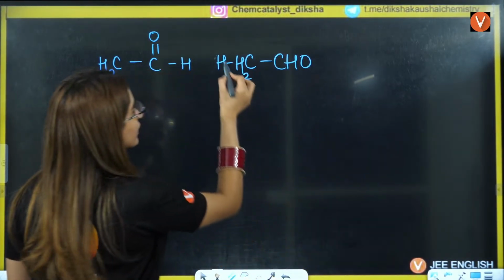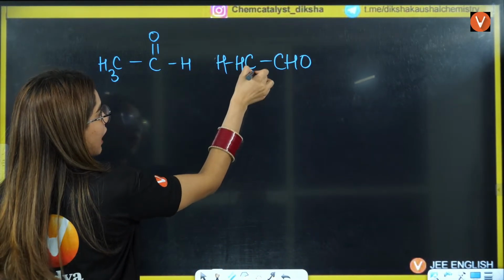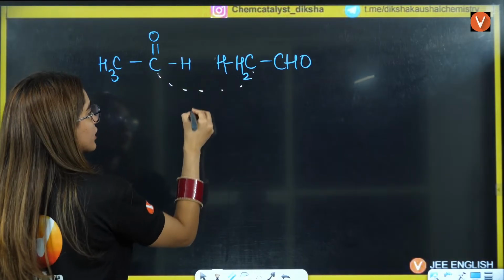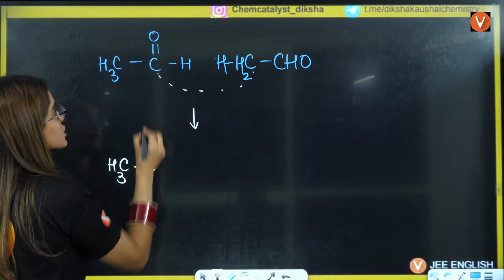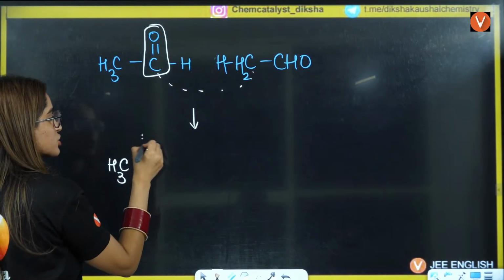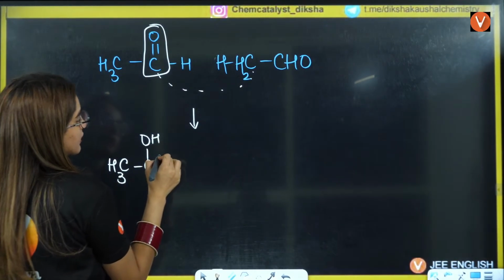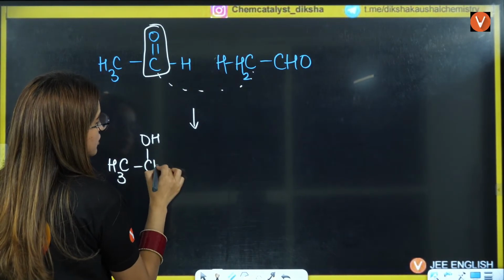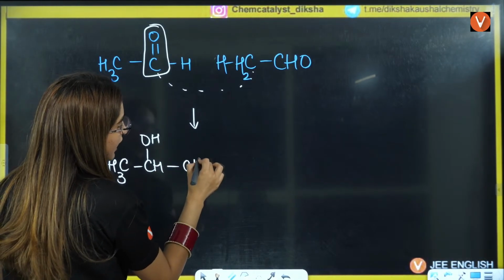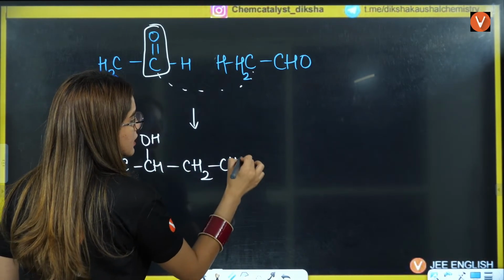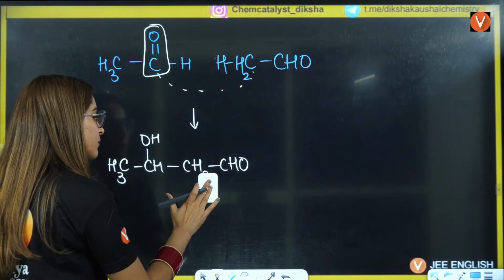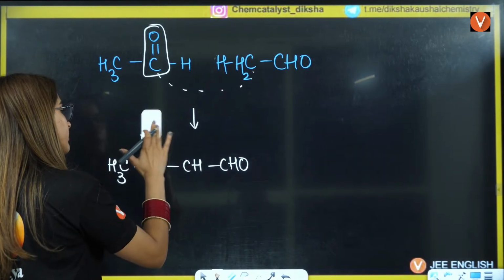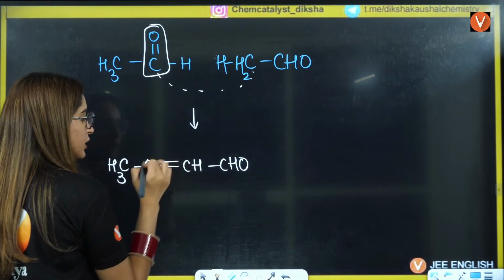So in these two molecules, this carbon will be attached to the carbonyl carbon. Here you will have CH3, C, this will be converted to OH, right? Then you have hydrogen here. Then here you have the attachment of CH2. This is CH, right? After the elimination from alpha and beta position, you will have a double bond.